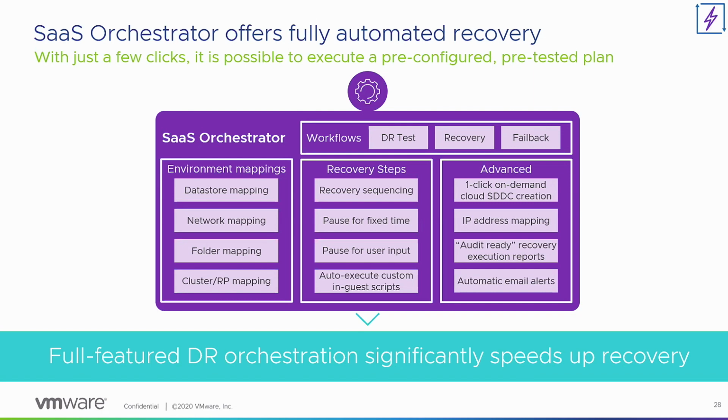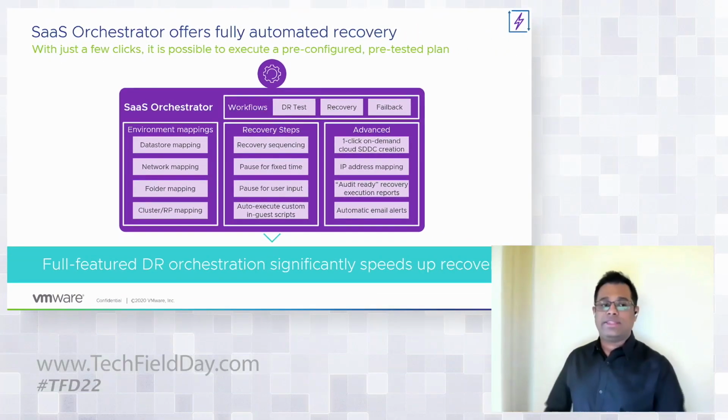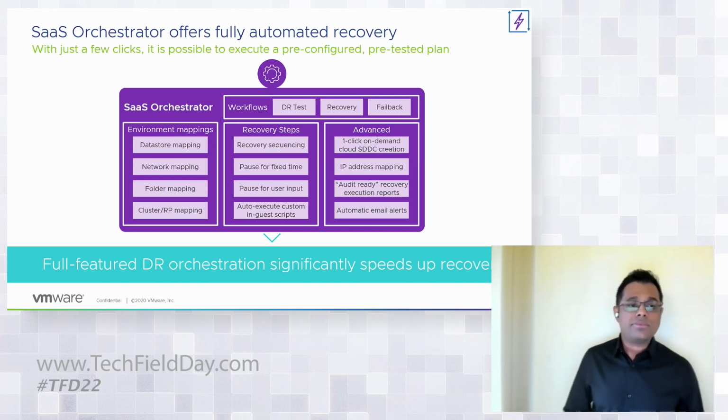We do allow for pauses through the recovery steps so that you can actually have the plan pause, and that could be a trigger for you, a prompt for you to go and check something or do something that's outside of the scope of what VMware Cloud DR is doing for you as part of your failover process.